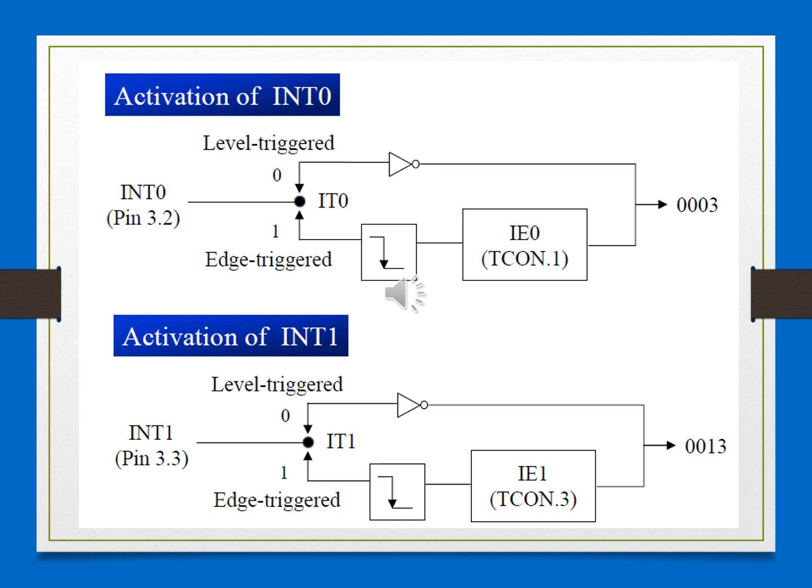Based on how you program the TCON register, the ISR at location 0003 for external interrupt 0 and 0013 for external interrupt 1 will be activated or executed.